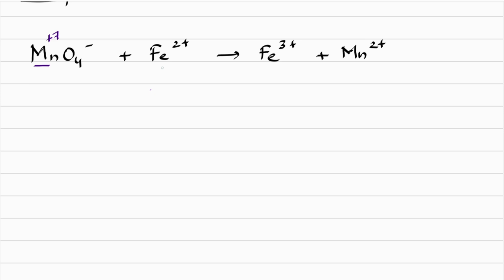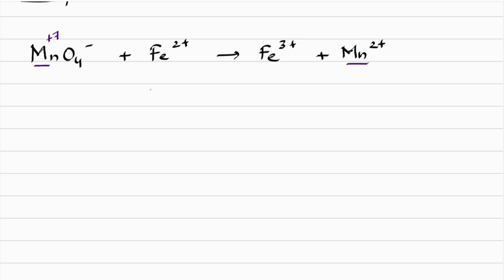In case of ferrous, the oxidation number is +2. Ferric, the oxidation number is +3. And manganese here, the oxidation number is +2, because they are monoatomic ions, and whatever is the charge on monoatomic ions, that becomes their oxidation number. Now we can see that manganese in the permanganate ion is getting reduced to Mn2+.